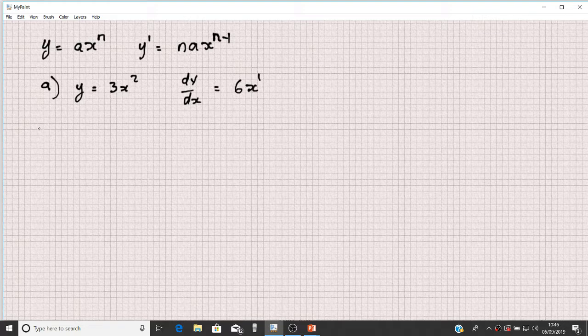The second example, we have b, y equals 2 over x cubed. Now, to use the formula that I've noted above, we do need to change the form of y, so rewrite y in such a way that we can apply that formula.